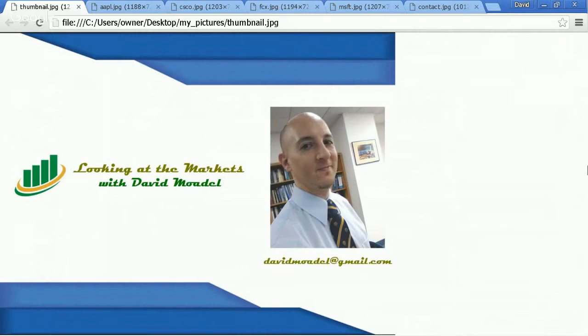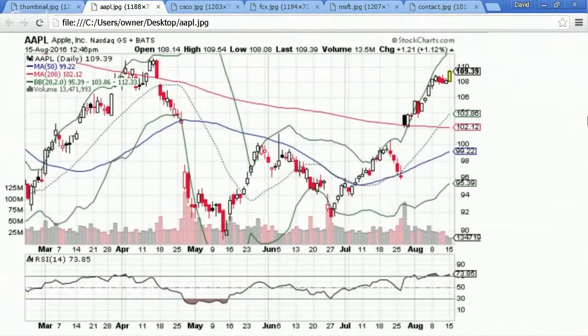All right, so let's look at some examples. I like to use moving averages. I also like to use RSI and Bollinger Bands. For example, here's a chart of Apple, and by the way, today is August 15th, 2016.